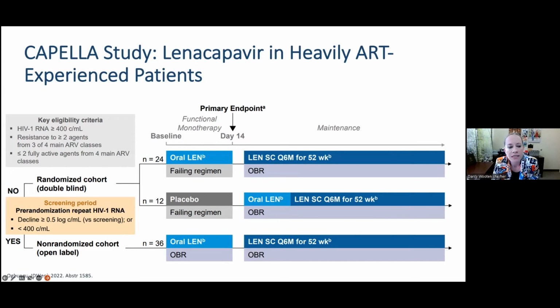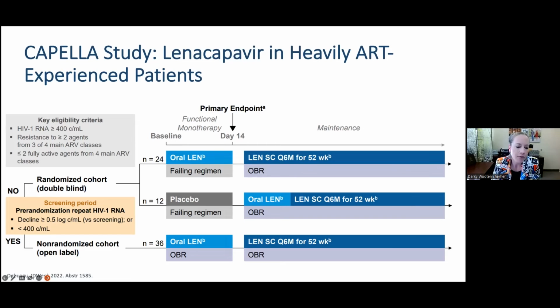So this study enrolled patients who were currently failing their regimen. They had to have a viral load of greater than 400 with resistance to 2 or more agents from 3 or 4 of the 4 main antiretroviral classes. There were 2 different cohorts. One was a randomized cohort and the other was non-randomized.